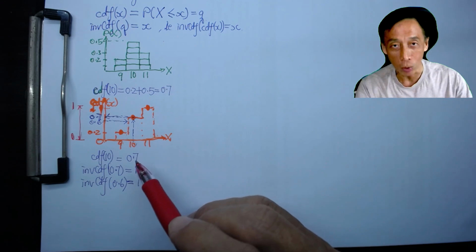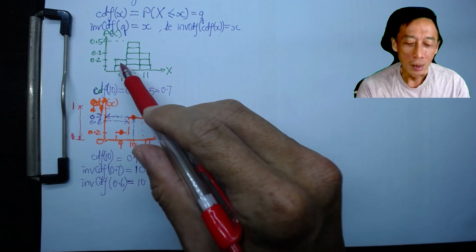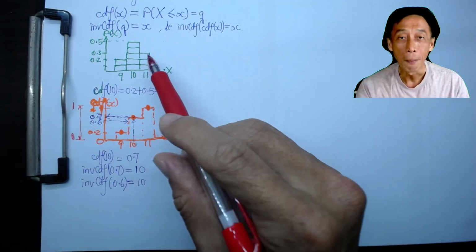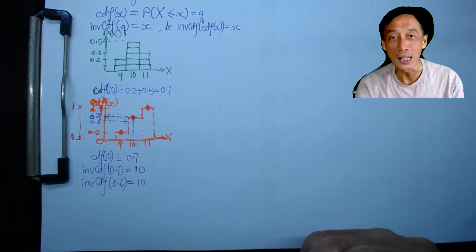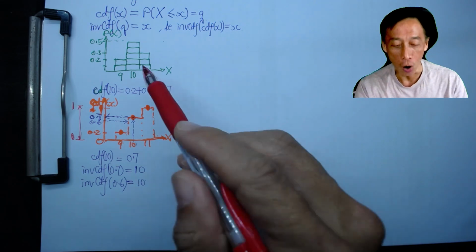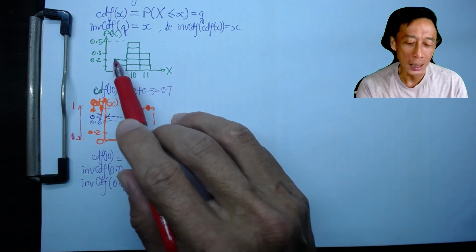And if you plot a histogram of those random numbers of 9, 10, 11, you will recover this, perhaps with a bit of dents here and there, but essentially this shape. Then that is the whole idea. We have successfully controlled the generation of random numbers that conform to this particular distribution.